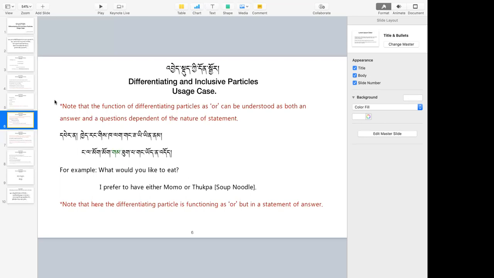The statement itself could be an answer statement or a question statement, even though there is the same usage as or. It depends on the statement whether it is to be understood as a question or an answer. For example, here the first one is a question.